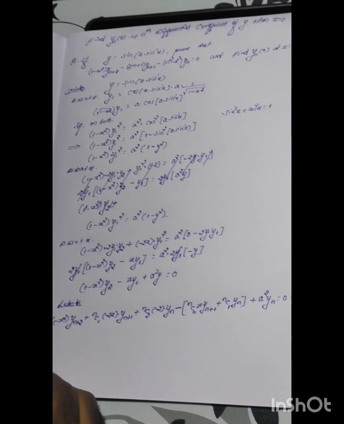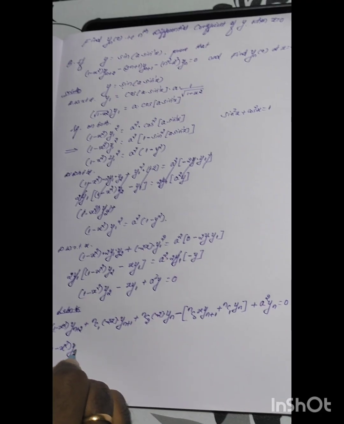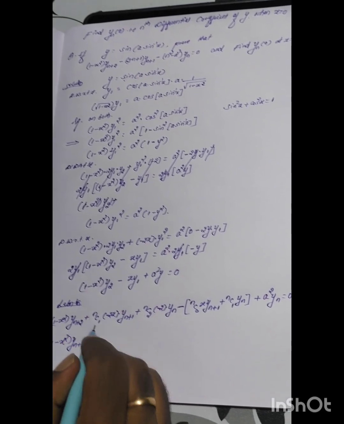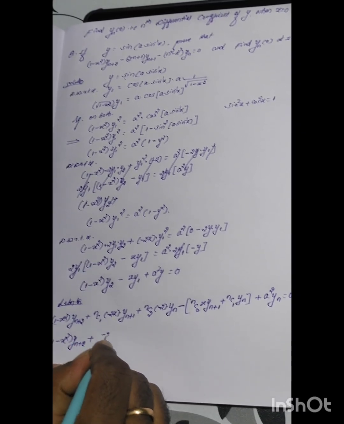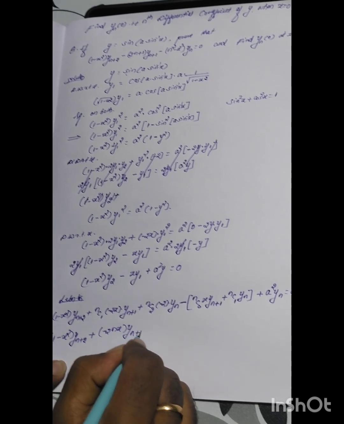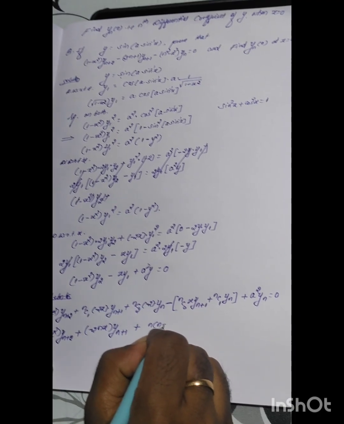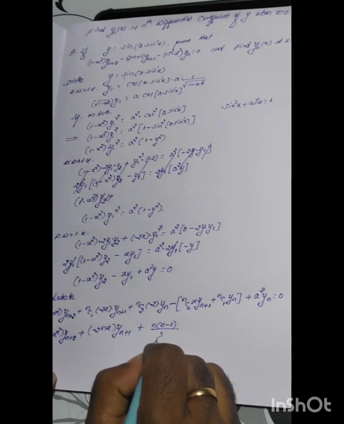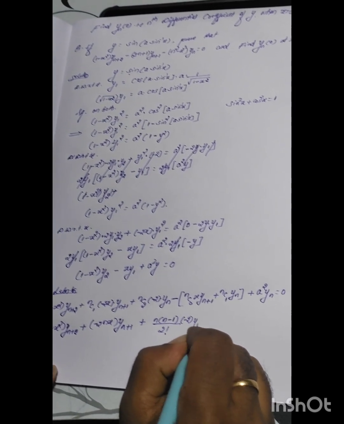nC0 is nothing but 1, so that will be (1 minus x square) into y(n+2), plus nC1 is nothing but n, so this will become minus 2nx into y(n+1), the minus is already there. Plus nC2 is nothing but n into (n minus 1), the (n minus 2) factorial in the numerator and denominator will get cancelled, divided by 2 factorial, into minus 2 into yn.